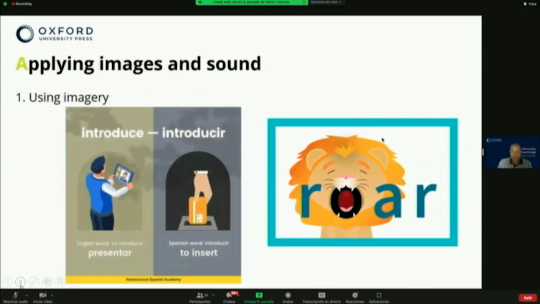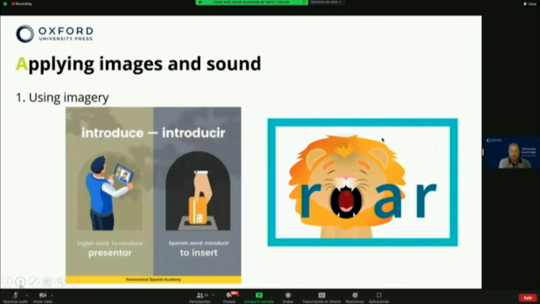Now, the second one is applying images and sound. It's very similar, and this works beautifully when we're talking about young learners, but also with older learners as well. And into this applying images and sound, we have four sub strategies, which are using imagery, the first one that we're seeing here, using keywords, semantic mapping, and representing sounds in memory.